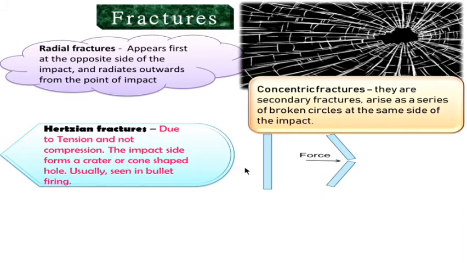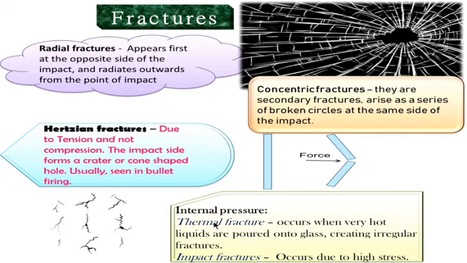If there is a high-velocity bullet firing case, it forms a crater. This is the crater that is formed, and this remains the same. If any cone shape is formed because of a bullet, it just remains the same because of the strength applied. This is also called cone fractures or Hertzian fractures. Because of bullet firing, this usually occurs. Remember this.